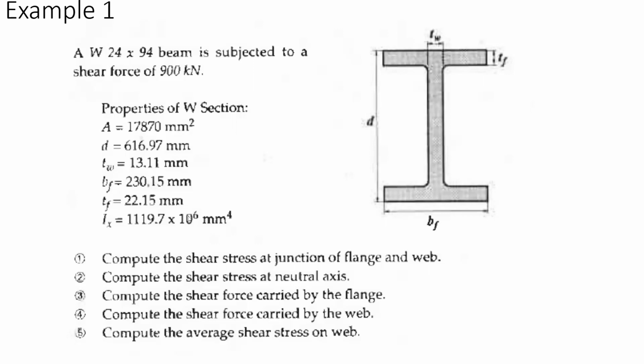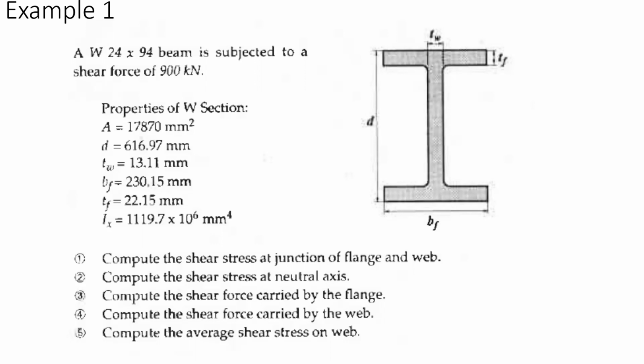Properties of the section: area is 17,870 mm squared. d is 616.97 millimeters. Thickness of the web is 13.11 millimeters. bf is 230.15 millimeters. tf is 22.15 millimeters. And Ix, or the moment of inertia about the x-axis, is 1,119.7 times 10 raised to 6 millimeters to the fourth.